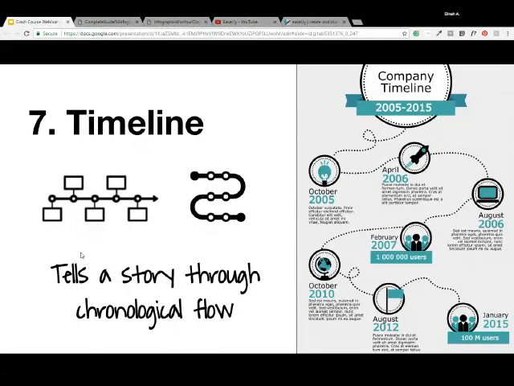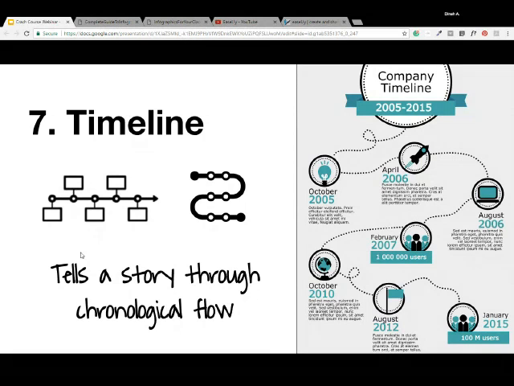And even for educators, if you're covering a topic in history or anything that a student needs to showcase a timeline for, this could be a great way to get your students started on an infographic. I'm sure that they've created a timeline in some way in their education. So why not encourage them to do it a little bit more visually through an infographic?